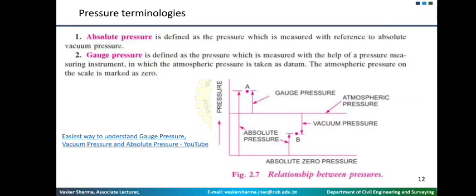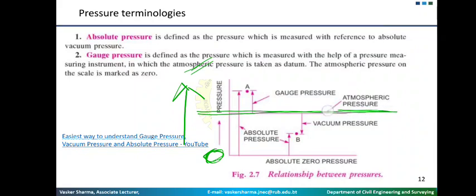Let me go here, this is your atmospheric level. Although the pressure here at the depth is zero, and here it is increasing, this is not depth, but just an example. From here is absolute zero pressure, and here is the atmospheric pressure that we are experiencing.